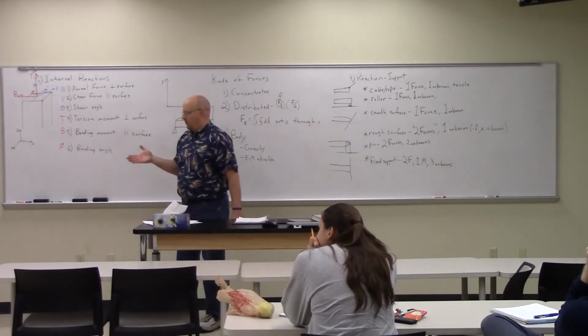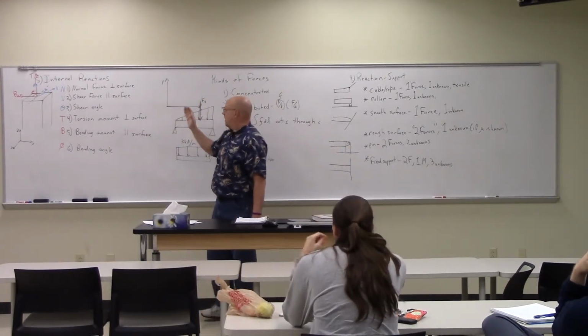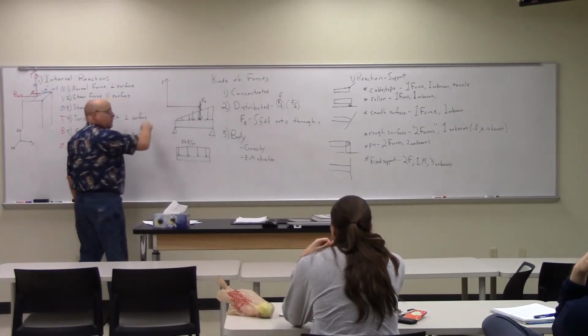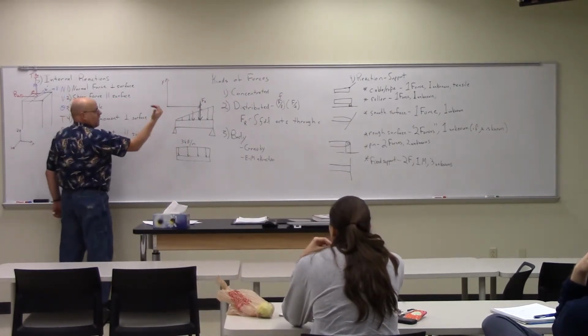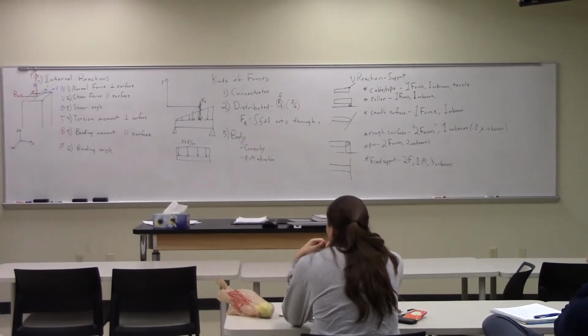Right. But where I've drawn x, y, and z, it would have to be out of the board, it couldn't be into the board, because x is here, y is there, so z has to be out of the board, in order for our right-hand rule to work. But that's not specific to the picture, it's just a way to label things. Right, once I choose one, I fix the others.